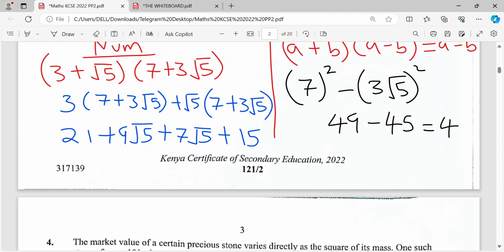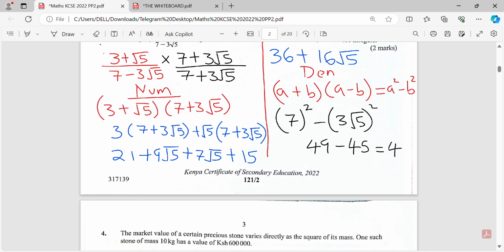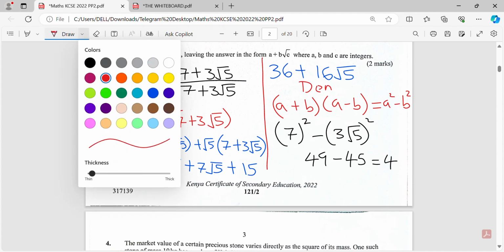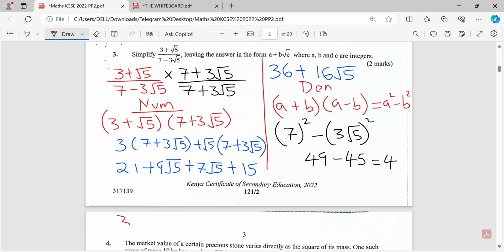So the 9 that we had from multiplying 3 by 3, 9 times 5, we get 45. So 49 minus 45, our denominator, the answer is 4. Great. The answer is 4.